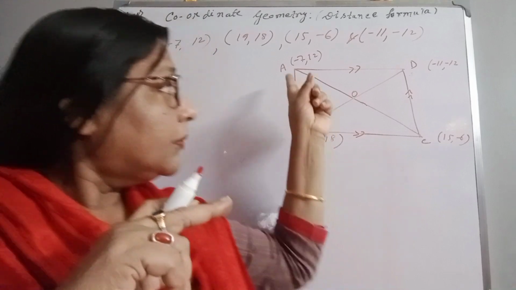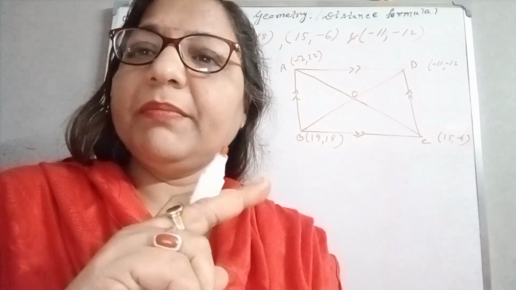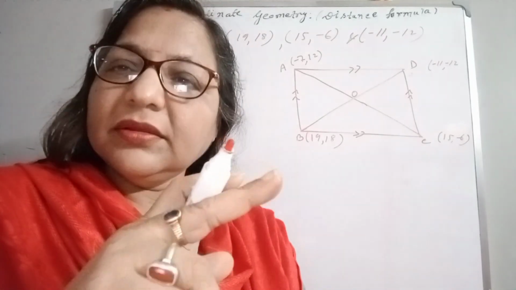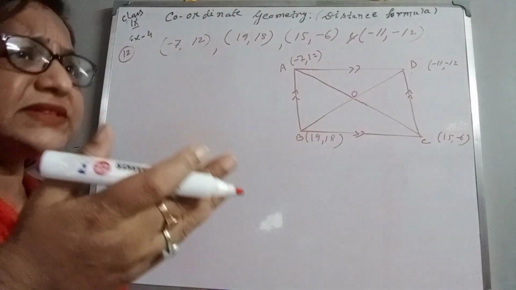Diagonals of the parallelogram bisect each other. Remember what I said. What is the meaning of bisection?